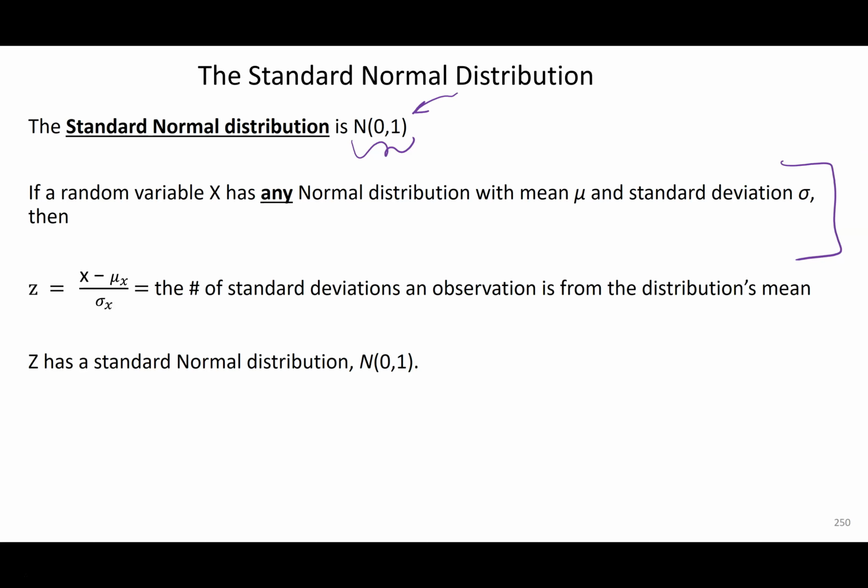And we do that because we have a table with the probabilities for the normal 0, 1 distribution. So translating is really useful. So z, when you take your score minus the mean divided by the standard deviation, comes out to be the number of standard deviations that an observation is from the distribution's mean. Positive means it's however many standard deviations above. Below means lower than average.